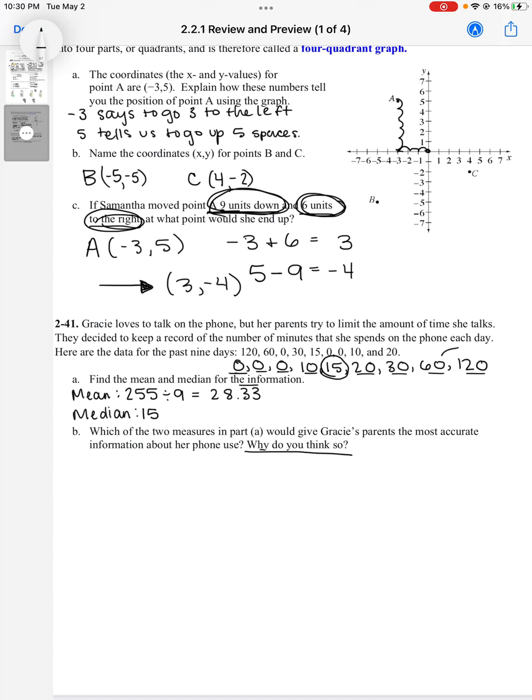And if we look here, from 60 to 120, we doubled our number. Okay, now it's significantly higher because I increased it by 60. This one here, we could argue it is doubled, but 60 is a lot closer to the rest of my data than 120 is. Okay, so there is an outlier, which means the measure that's going to be more accurate is the median.